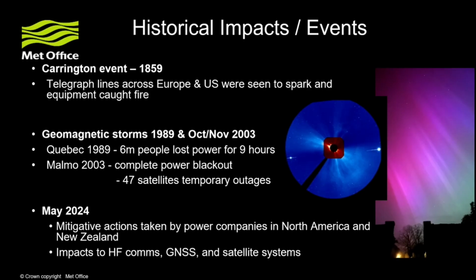So we know that power companies in North America and New Zealand were seeing currents through their transformers, so started to put in place some mitigative actions. We also had reports of impacts to HF comms, GNSS systems, including GPS, and we know that numerous satellite operators had to make a lot more corrections to their orbital plans.